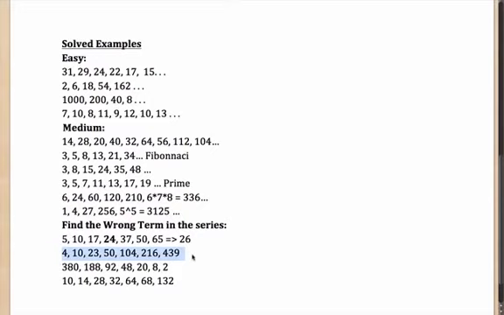Now, try and observe the pattern here: 4, 10, 23, 50, 104, 216 and 439. It's simply a game of observing the pattern. The pattern here, guys, in case you have not figured it out by now, is 4 into 2 double plus 2 is 10. 10 into 2 double is 20 plus 3. 23 double is 46 plus 4. So essentially what you are doing is you are just doubling the values and increasing them by 2, 3, 4 and so on.